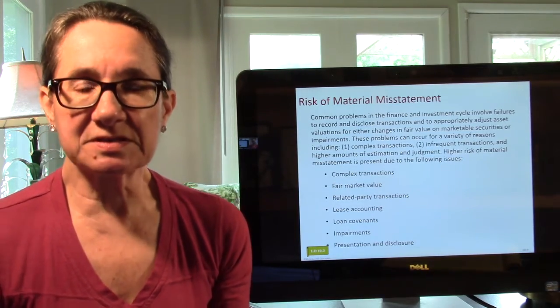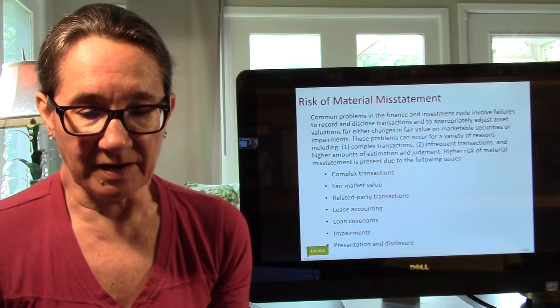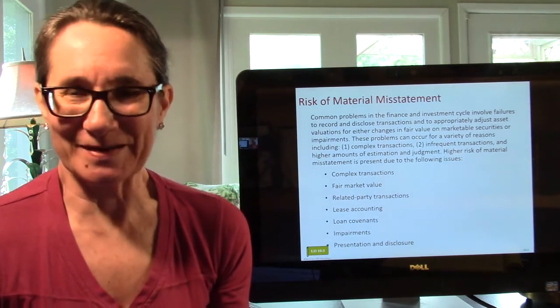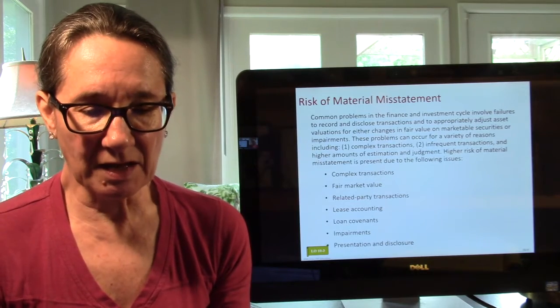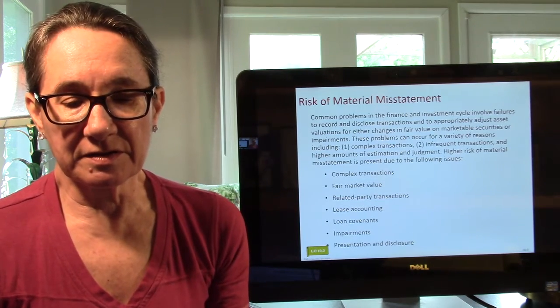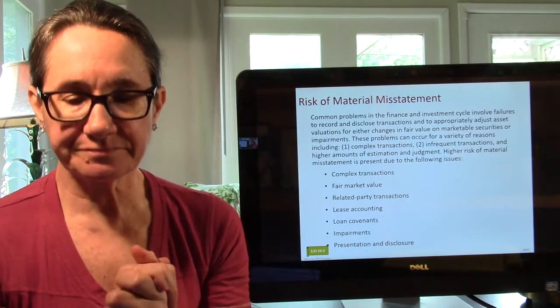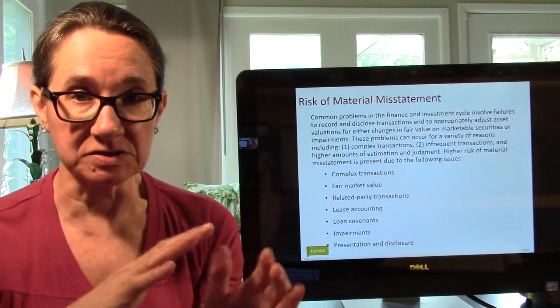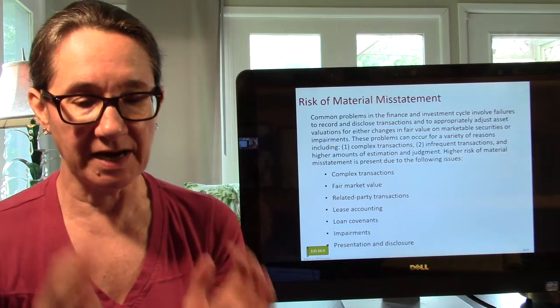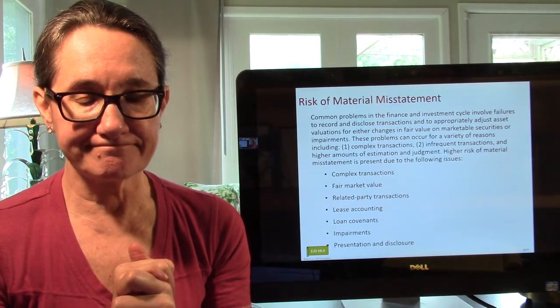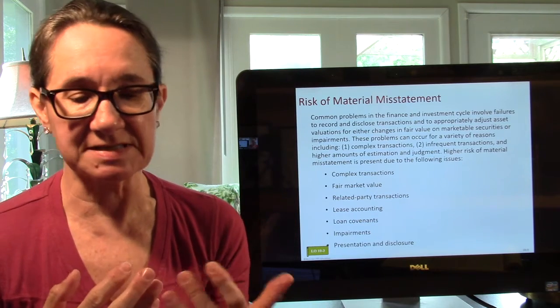So where does our risk of material misstatement come in, right? Well, obviously there's inherent risk and control risk, right? So the big risks, the inherent risks in this cycle, right, that we're going to have to make sure there's controls in place for. So the inherent risks are that these are very complex transactions.